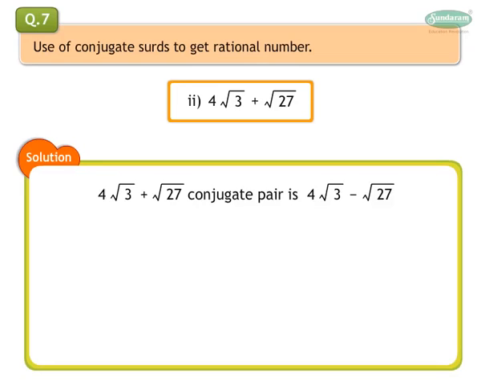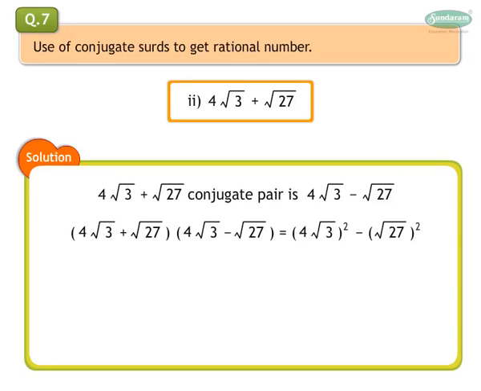Let us multiply both and see the result. 4 multiplied by root 3 plus square root of 27 into 4 into root 3 minus root of 27 is equal to 4 into root 3 the whole square minus root of 27 the whole square, which is equal to 16 multiplied by 3 minus 27, equal to 48 minus 27, equal to 21. We get the result as 21.